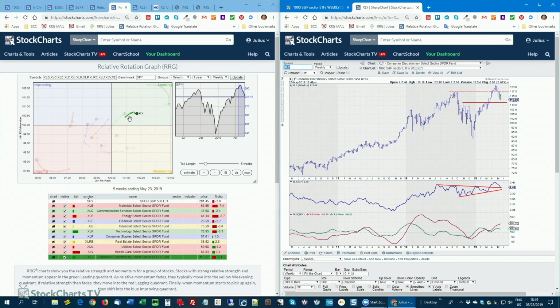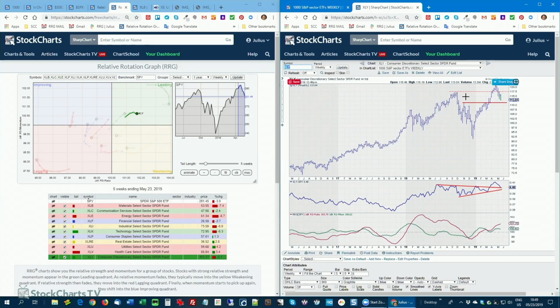But it's got a very short tail, and those weekly observations over the last 5 weeks are getting closer to each other. And I've discussed this previously here on Market Watchers Live, that when these distances are getting closer together, the odds for a rotation are getting bigger, because it's easier for that tail to roll over. And that's what seems to be happening right here.